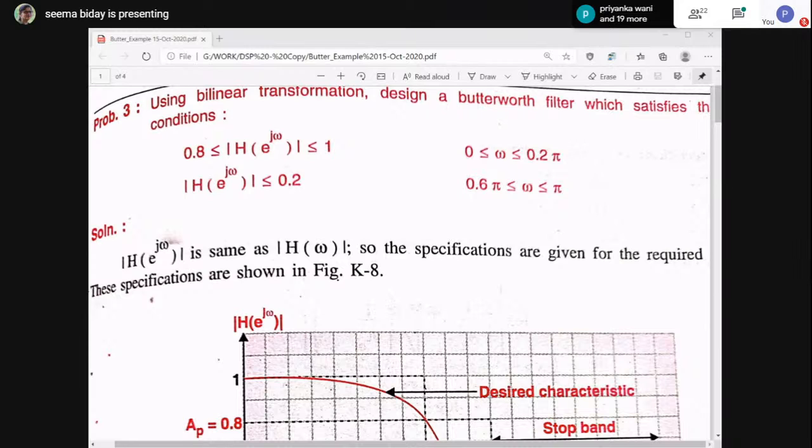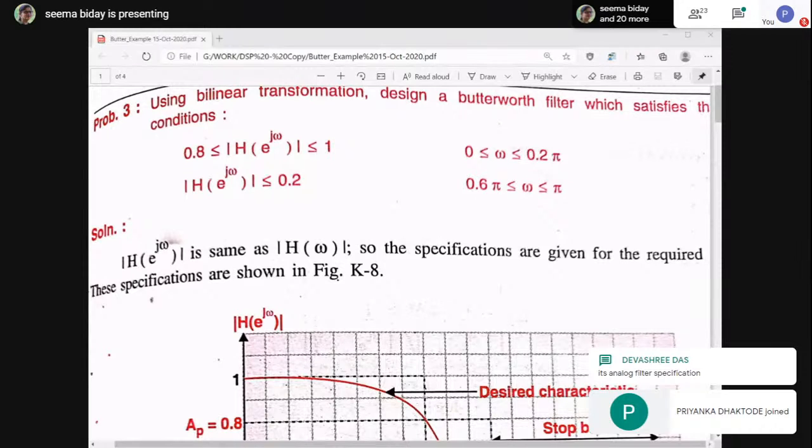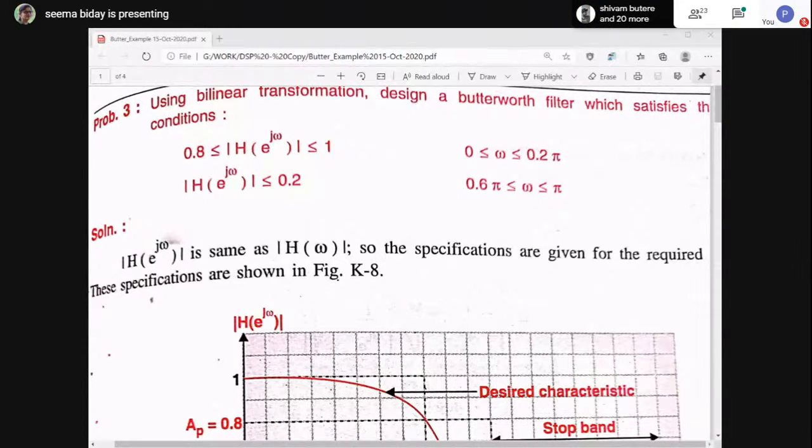I know that we have to design the filter and the first step is to convert digital to analog. Okay. The question is, whatever the specifications given, the magnitude of the frequency response lies between 0.1 to 1. Is it of analog filter? No, it is of digital filter. Why is it of digital filter? See, small w is used here.